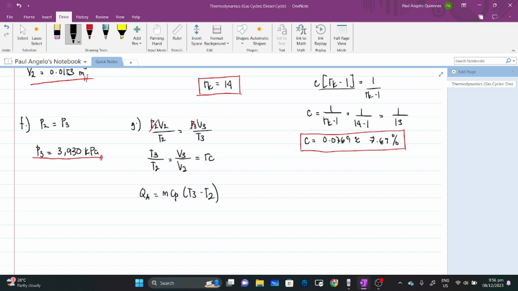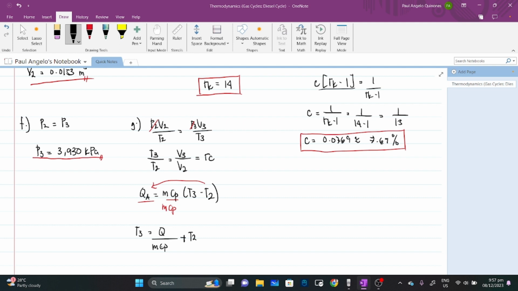If we isolate T3, let's divide both sides by mCp and then transpose T sub 2. So we have T3 is equal to Q over mCp plus T sub 2.